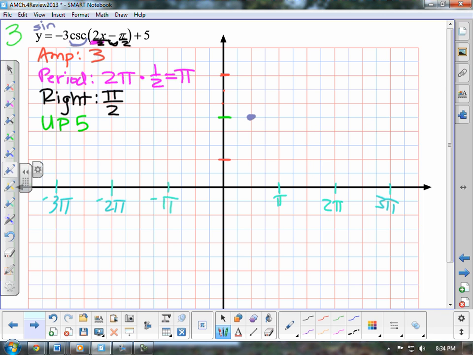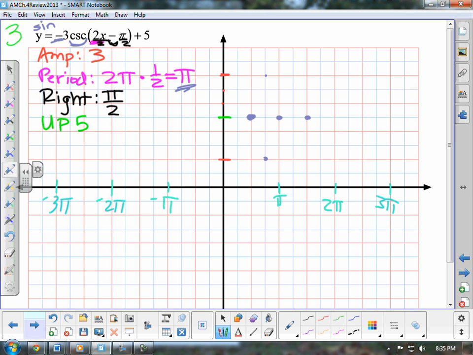And because it is sine, it starts in the middle and it ends in the middle, and the period is pi, so 4 marks is pi, so 1, 2, 3, 4 is where it ends. Halfway in between these two, it is going to be back in the middle. Halfway in between these two, it usually goes to its maximum, but because our amplitude has a negative value in front of it, it goes to the minimum at this point.